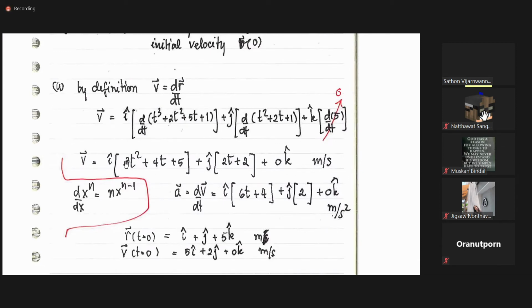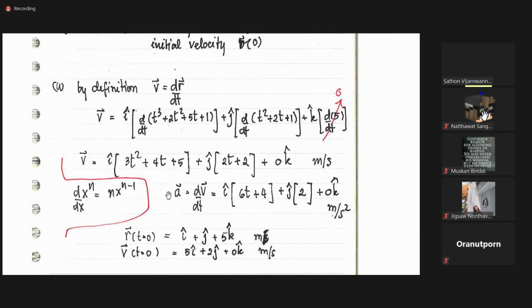So in the i component, the derivative of 3t squared gives you 6t, and the derivative of 4t gives you 4. So the i direction is 6t plus 4 in the x-axis. And in the j-axis, the derivative of 2t plus 2 is only 2. And 0k. So that is the acceleration.